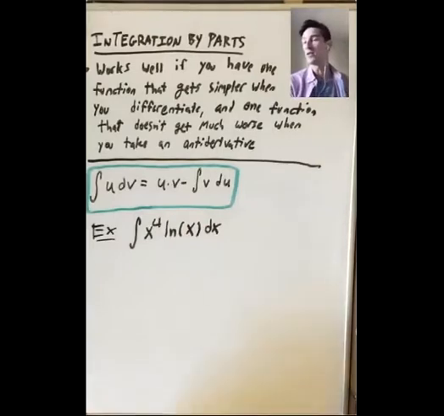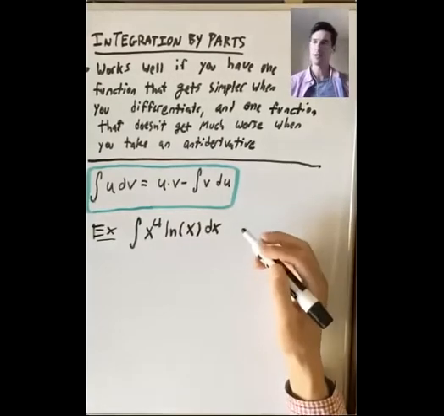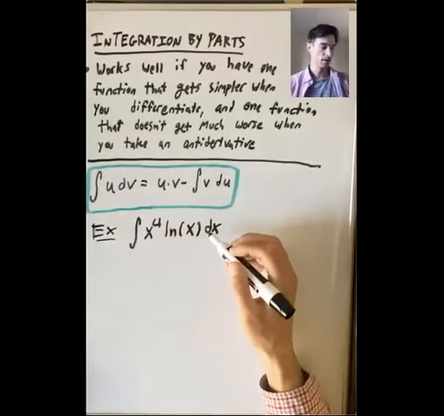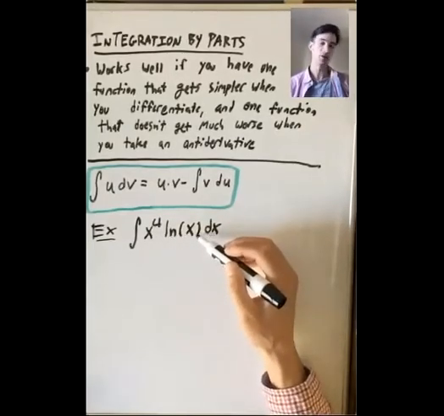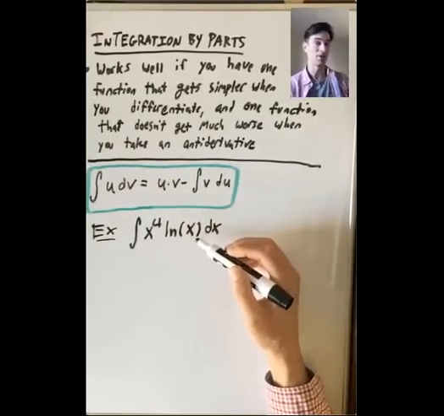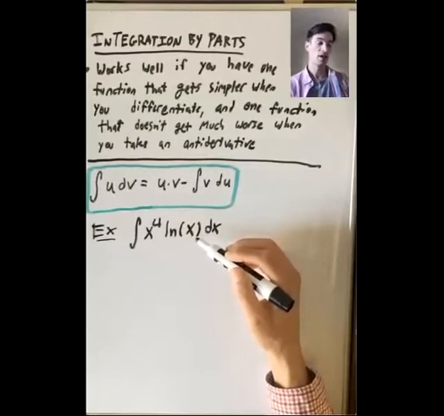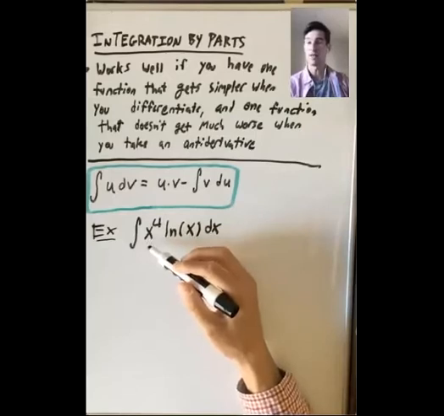So it's maybe too much to ask for to say that you want your function to get simpler, but you don't want it to get way, way, way worse. Let me show you what I mean with an example. The integral of x to the fourth natural log of x dx. Natural log of x, when you differentiate, you get 1 over x, which is definitely simpler than natural log of x. So that's a good candidate for our function u that gets simpler when you differentiate. For x to the fourth, an antiderivative is 1/5 x to the fifth.